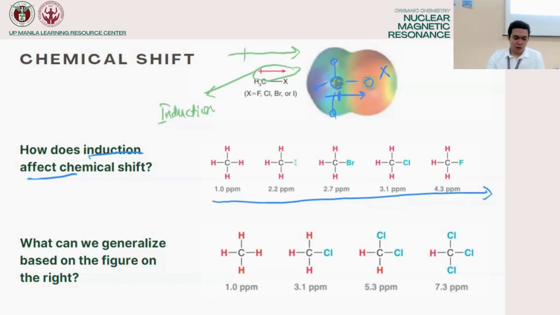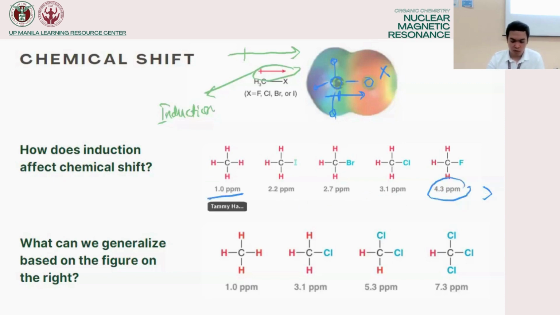So it also increases in energy. But when you have induction effects, the shift goes up from 1 to 4.3 because you're adding an electronegative atom. So you have to be familiar with your electronegativities. Okay?